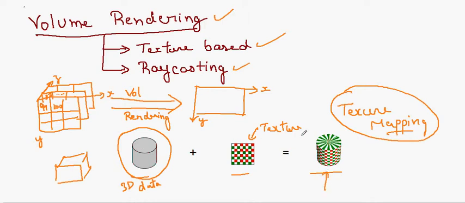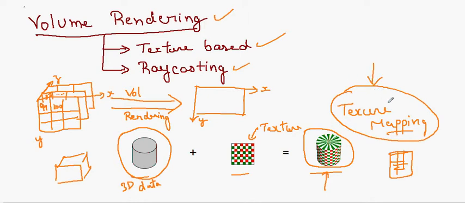This looks quite beautiful. It's just like painting your house with some pattern. You have some raw data, you just add some texture and it becomes beautiful data. So to do this we use texture mapping.